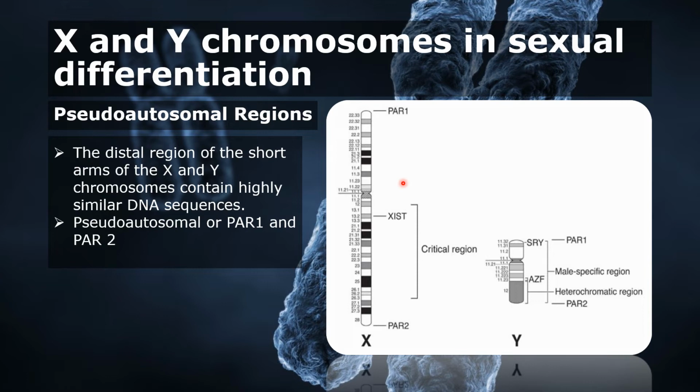This is the distal region of the short arm of the X as well as the Y chromosome, so they contain similar DNA sequences.